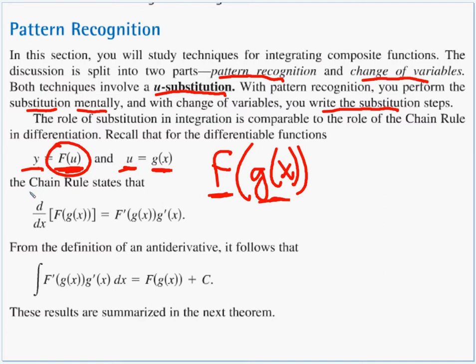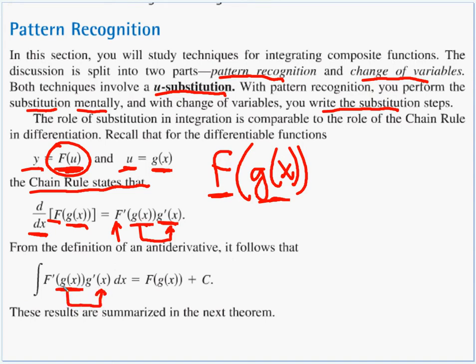So it says here the chain rule states that if we want to derive F of g of x, first we derive the outer, that's F prime. G of x stays the same, but then the chain rule creates this little g prime of x. And from the definition of an antiderivative, it will then follow that here is our g of x, and g of x's derivative.